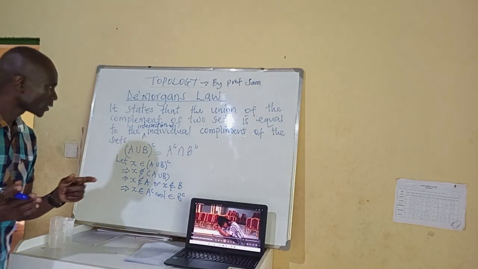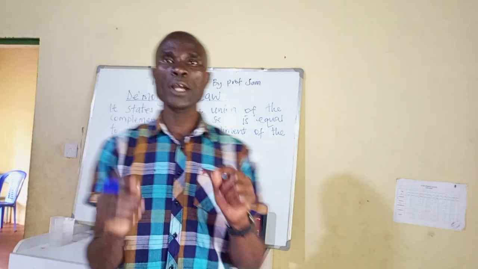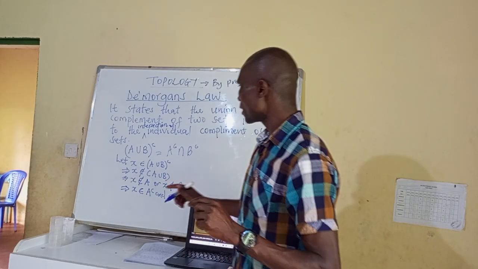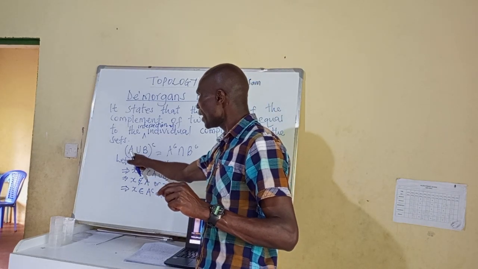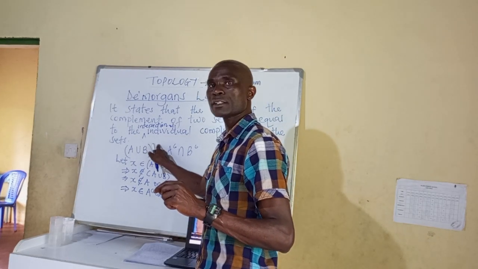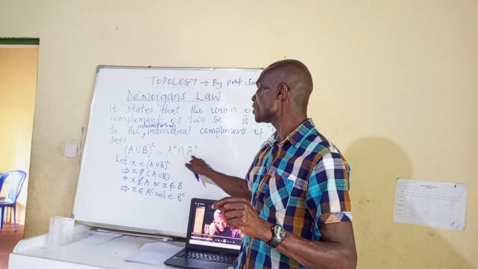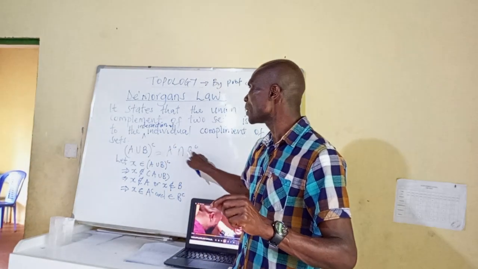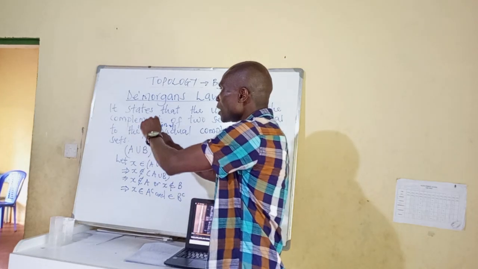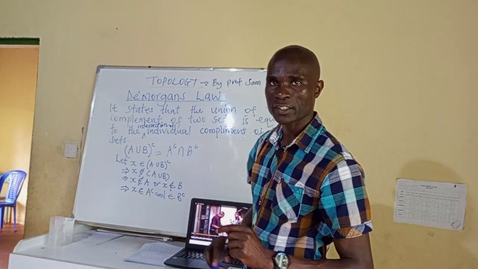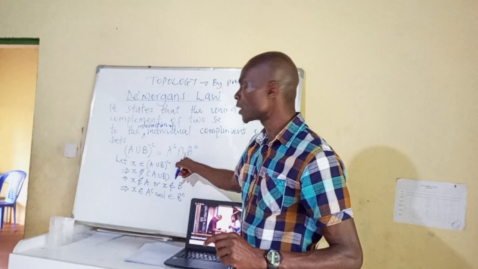Are you seeing that? With De Morgan's law, we're simply saying A union B complement is equivalent to A complement intersection B complement. Individual complements is the same as the complement of the union of the sets.